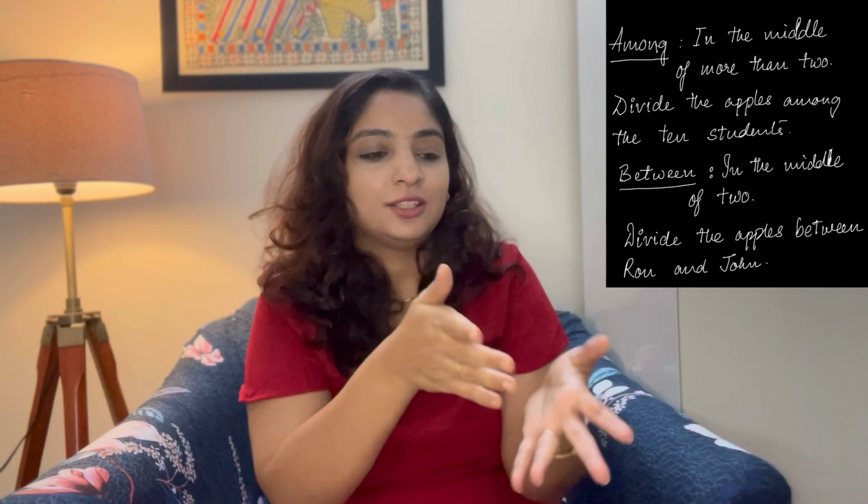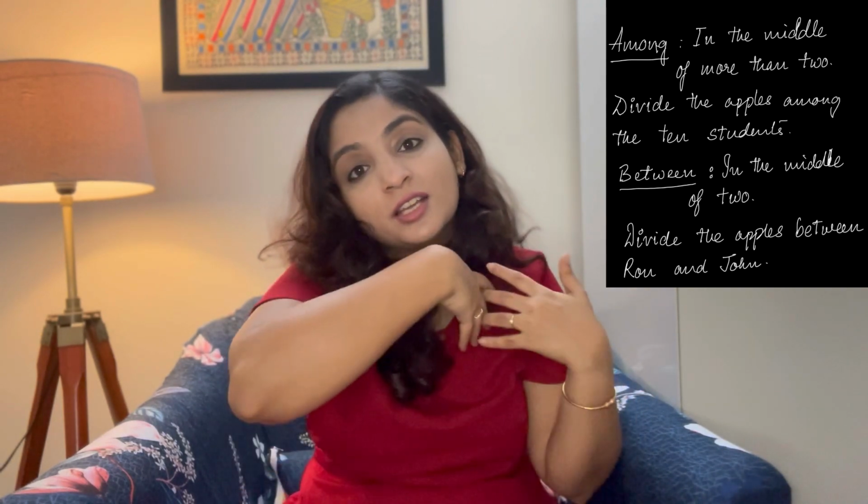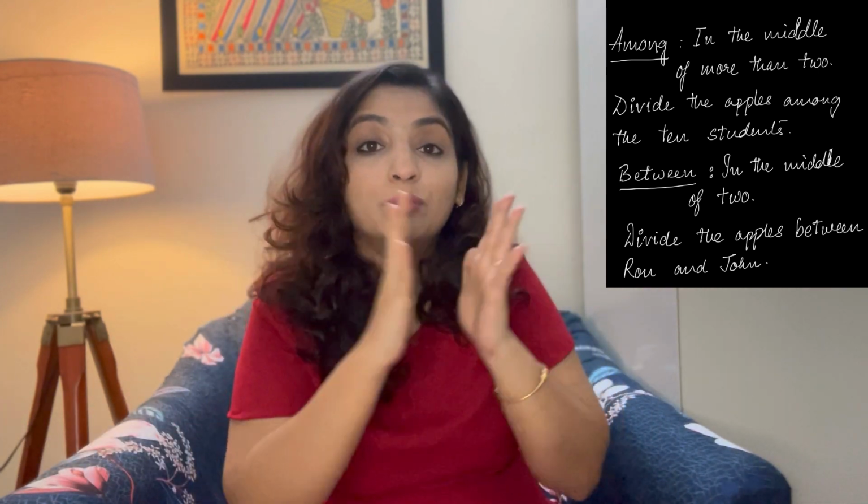So I have one apple, and I'll divide the apple between A and B. But if I have 7 apples and I have 7 people, then I'll divide the 7 apples among the 7. No, I'm not talking about the apples, I'm talking about the people. So even if I have 1 apple, I'll cut it in 7 pieces and I'll divide it among the 7 people. For 2, between; more than 2, it is always among.